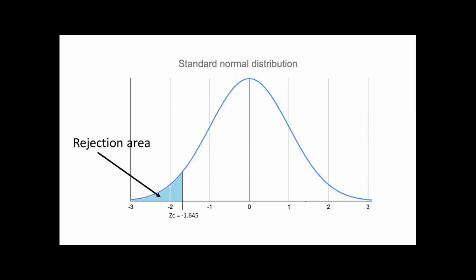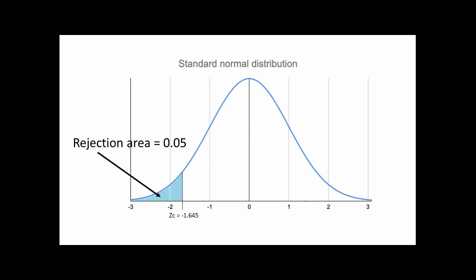And 0.05 is to the left of that critical value. Using the z-table, I get a z-score of negative 1.645. Now, find the value of the test statistic: x bar minus mu over sigma divided by the square root of n. And I get a value of negative 1.565.